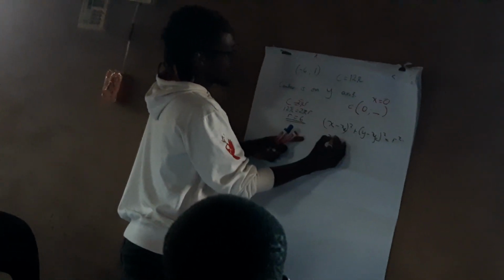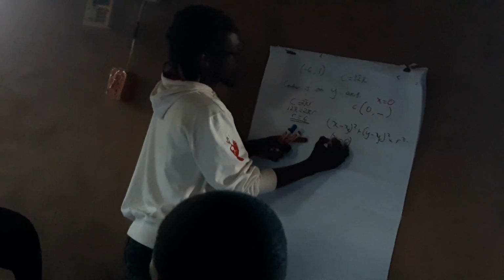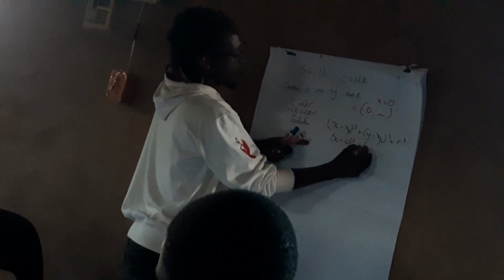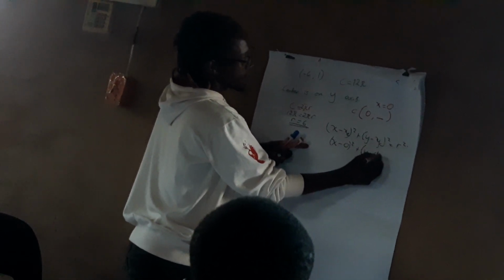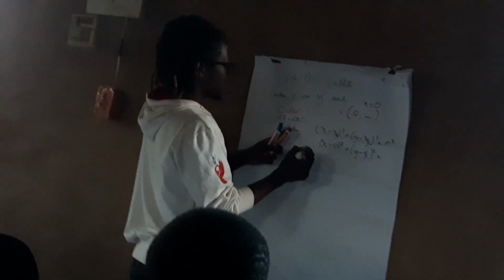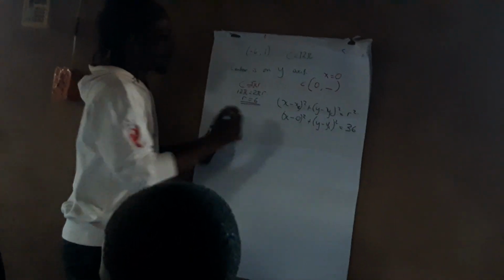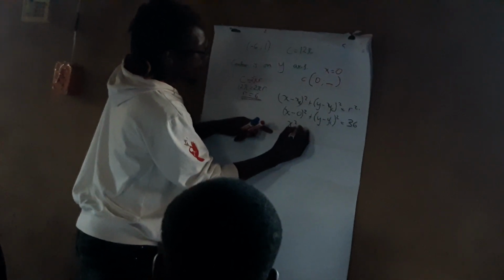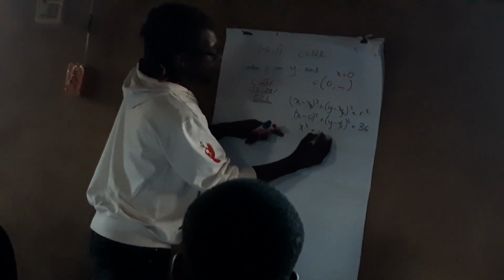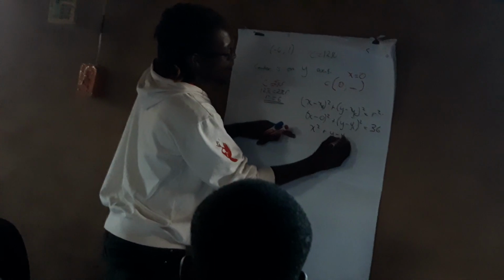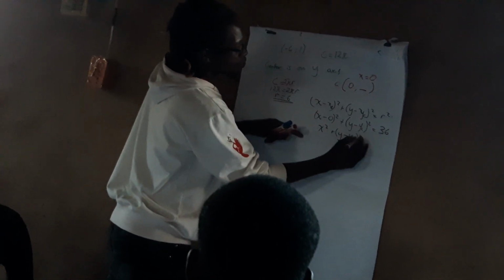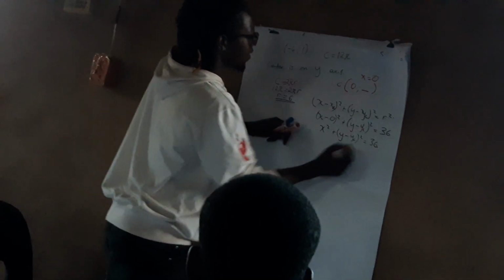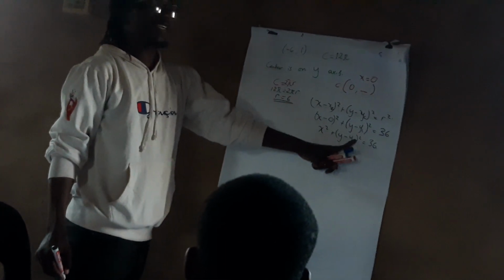So this is just x minus 0 squared plus y minus yc squared should be equals to 6 squared, which gives us 36. So x squared plus y minus yc squared is equals to 36, right? But we don't know yc, we are trying to find it.